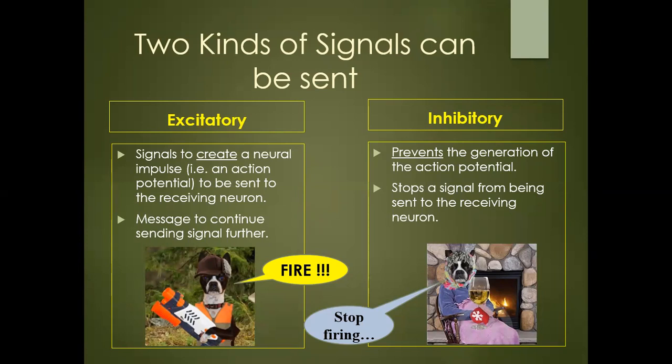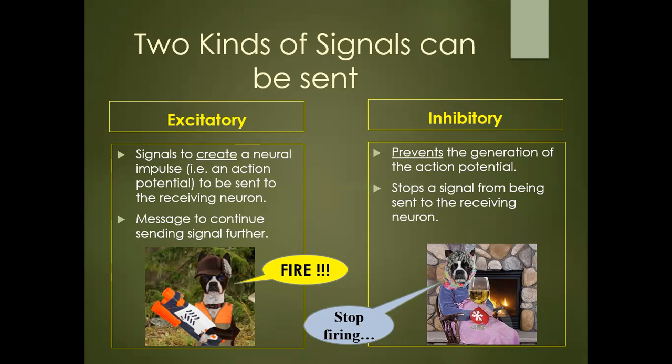If the task is to activate a gland, to release more dopamine into the system, the entire chain of neurons, maybe thousands or even millions of neurons that get activated in a sequence, probably not millions for something like dopamine, but we're going to see that the signal has to be sent until it reaches a place where the person with the key, so to speak, to release the dopamine can receive it. So an excitatory signal says, keep sending until our stated goal of more dopamine is going to be achieved.